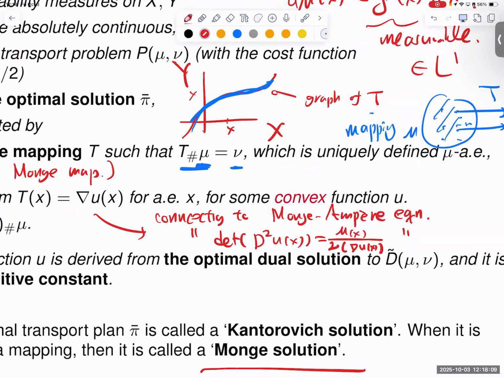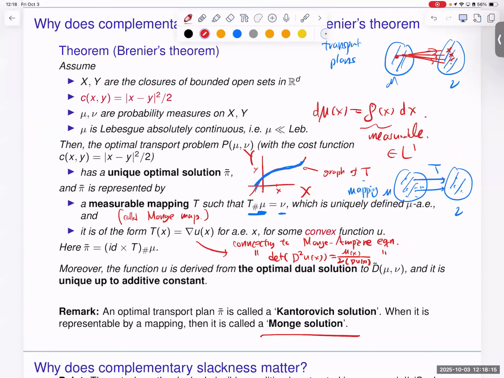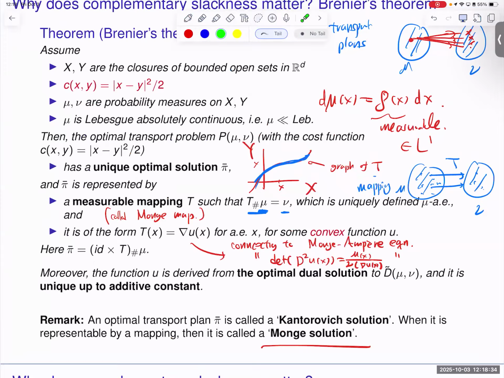Okay. All right. So in this particular case, your source measure being absolutely continuous is what's required. Right, it's a very good point.